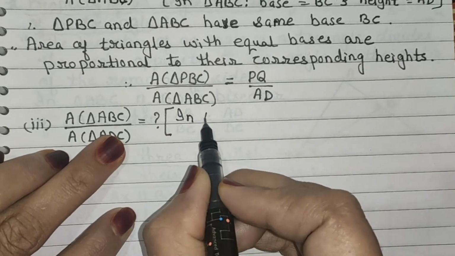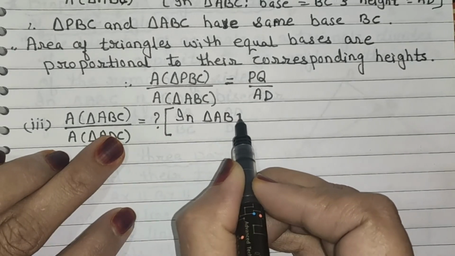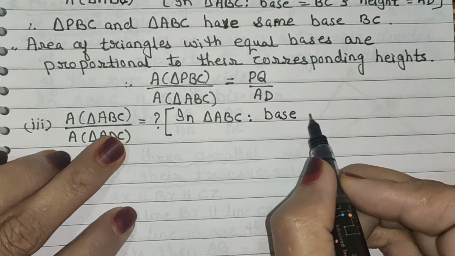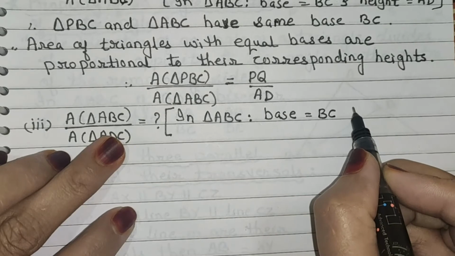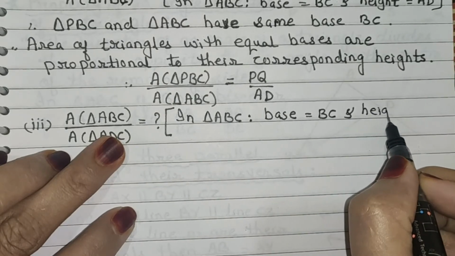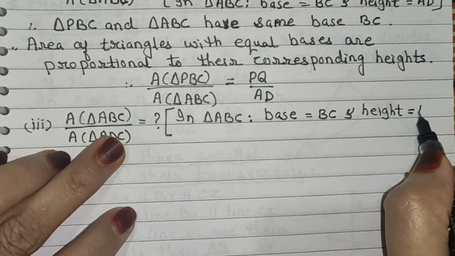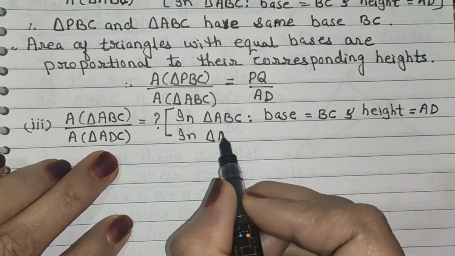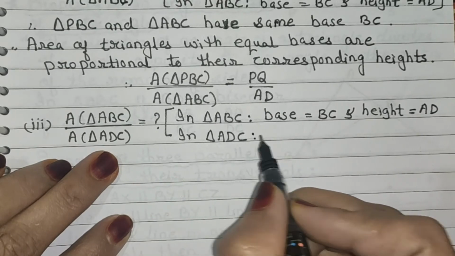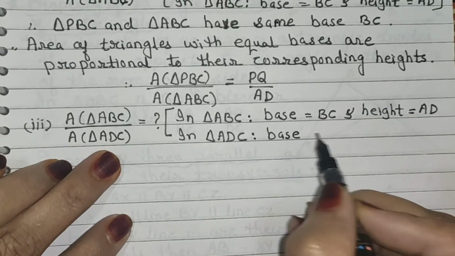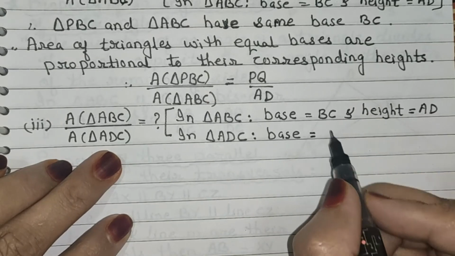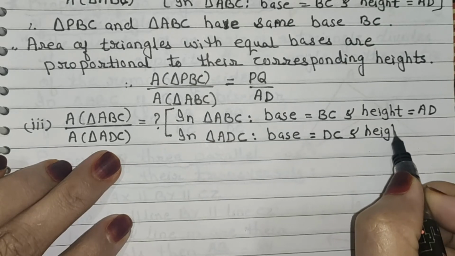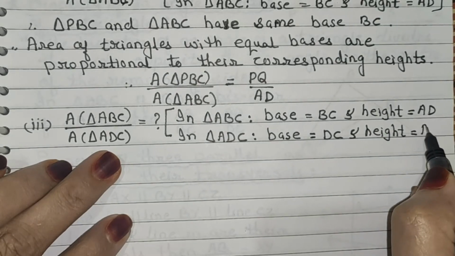In triangle ABC, base is equal to BC and height is AD, and in triangle ADC, base is equal to DC and height is equal to AD.